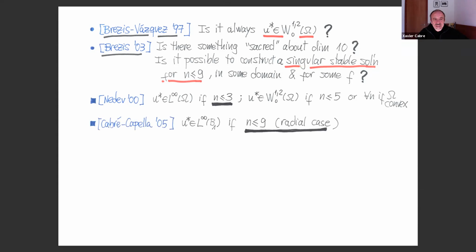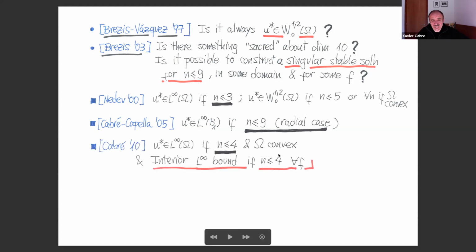Then I had a work with Antonio Capella, where we were able to get to the optimal dimension in the radial case for every nonlinearity. Here, really, we don't need any assumption on the nonlinearity. And this was 2005, and this gave hope. This gave hope for an affirmative answer, but we were still in the radial case.